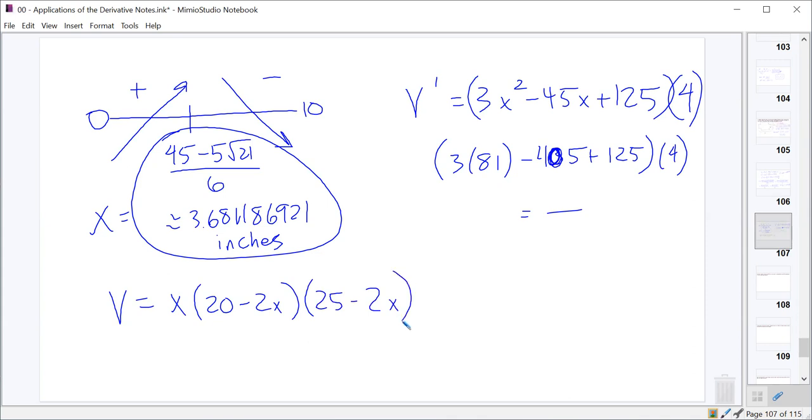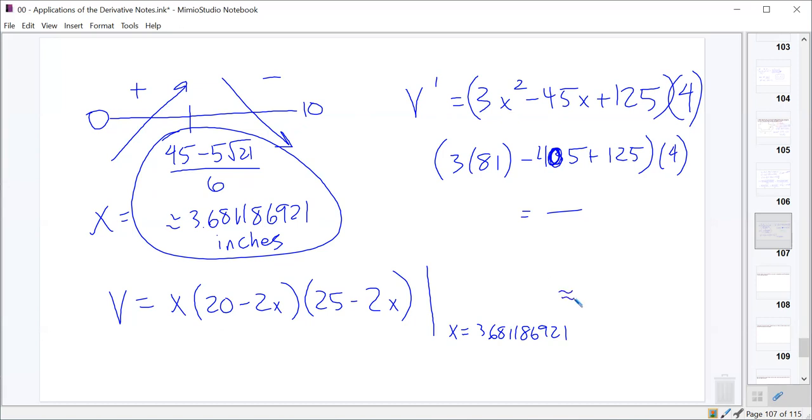And I'm going to go ahead and use the little trick that we've got here on our graphing calculator. If we evaluate this at 3.681186921, or 45 minus 5 root 21 over 6, we'll get an actual volume.